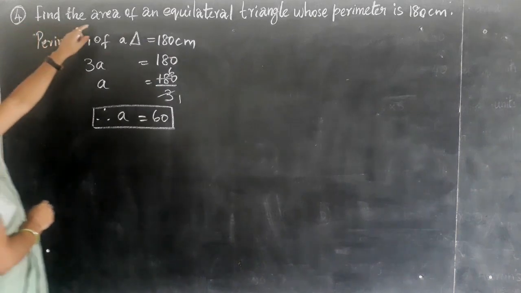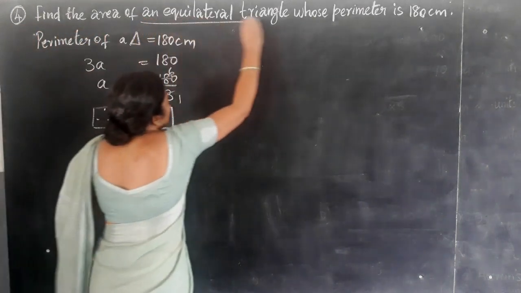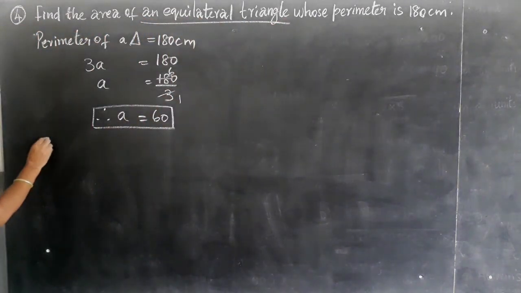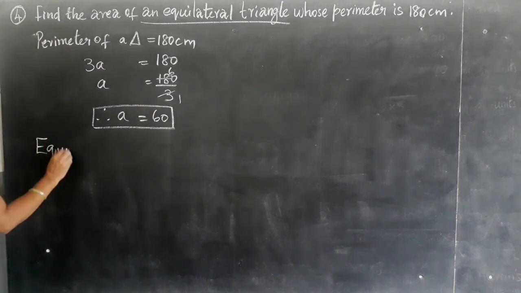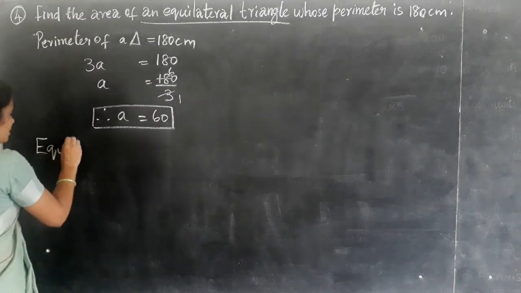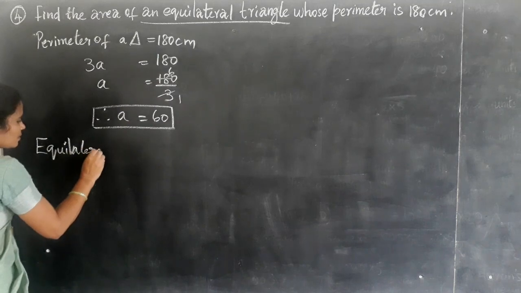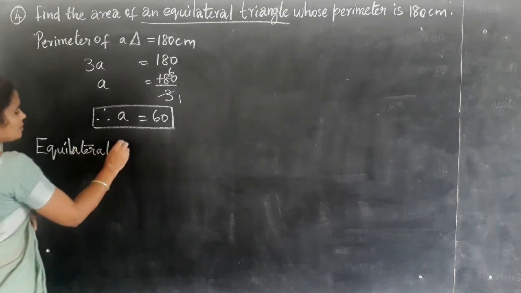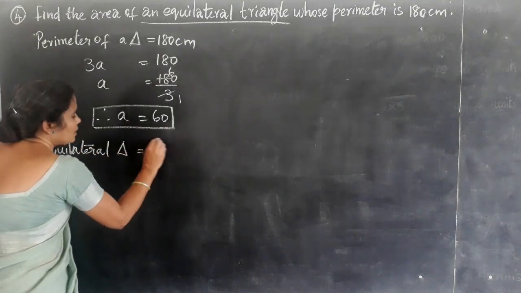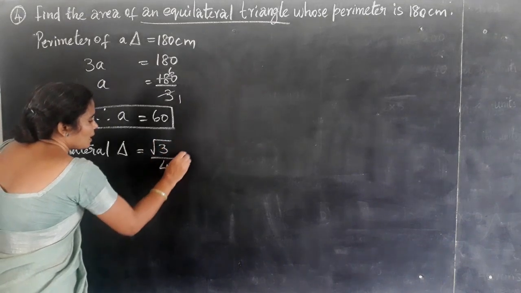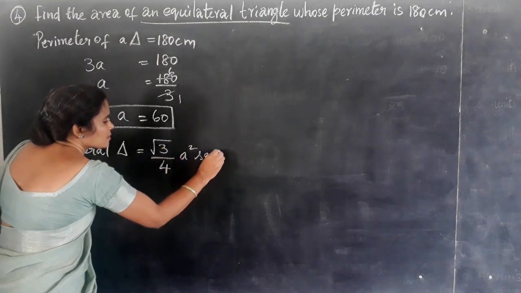To find the area of an equilateral triangle, area of an equilateral triangle is equal to root 3 by 4 a square units.